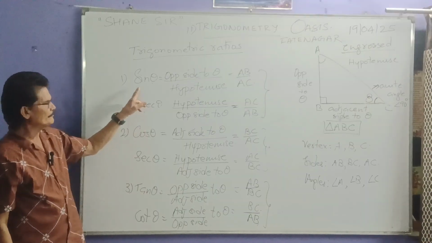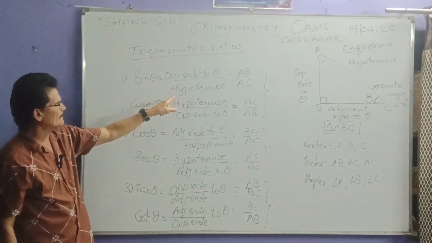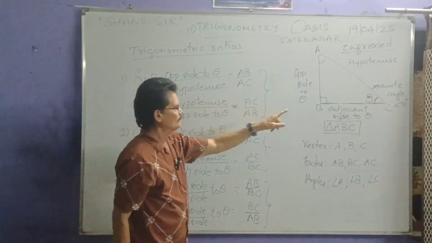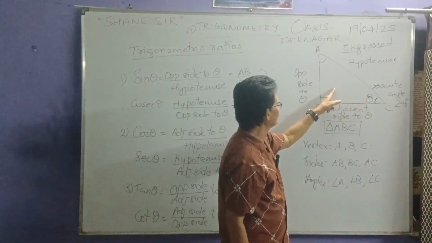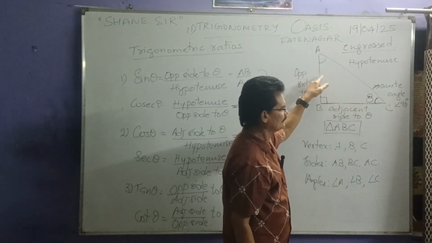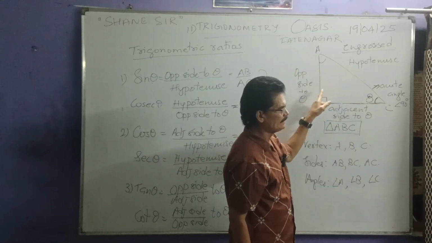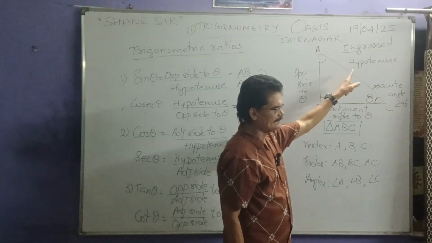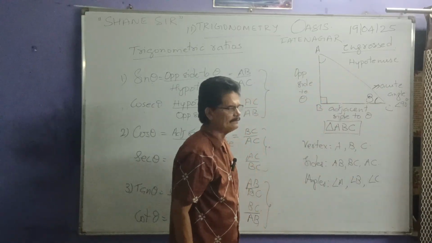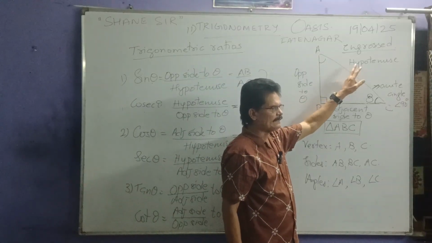Now, the definition of sine theta is opposite side to theta by hypotenuse. What is the opposite side to theta? AB. The side opposite to 90 degrees is permanently called hypotenuse.